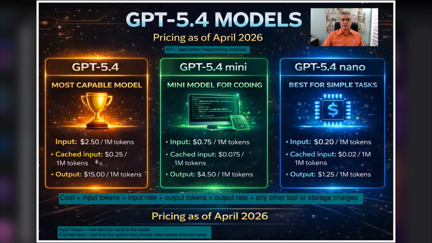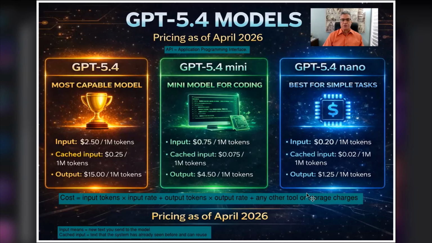That's why it's a lot cheaper. When you calculate the cost of the token, you have input and you have output, and the total cost will be the input tokens times the input rate, plus the output tokens times the output rate, plus any other tools or storage.